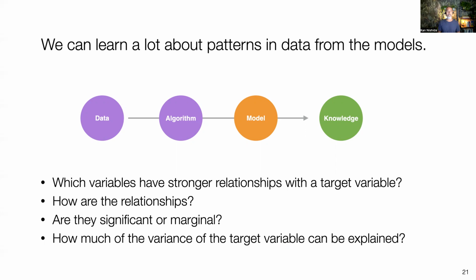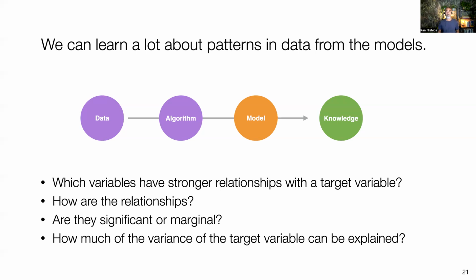Another thing is whether those changes are significant. Let's say this user spent 10 minutes more, 1 hour more, and so on, and that has some kind of correlation with the conversion. But is that a significant relationship, or is it a marginal relationship that we shouldn't even spend our time and energy on?